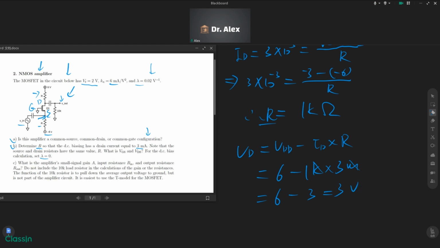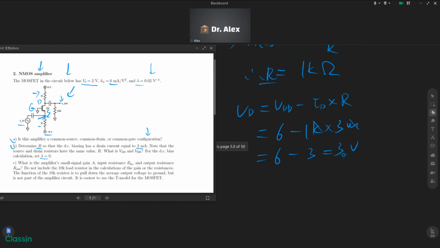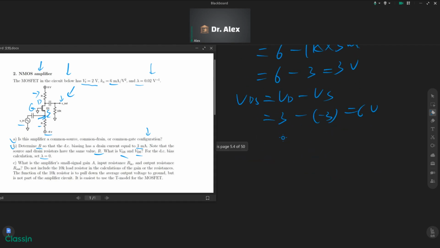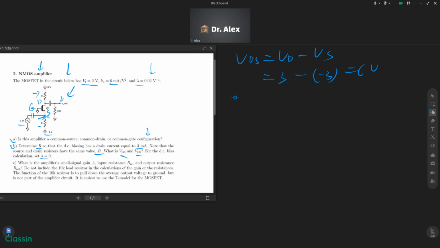So VDS is straightforward: VD subtract VS, which is 3 subtract -3, which is 6 volts. So we get the value of R, VGS, and VDS. So we can finish question B. Next, let's focus on question C.